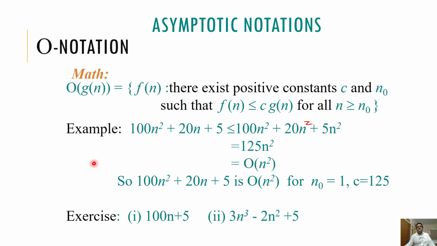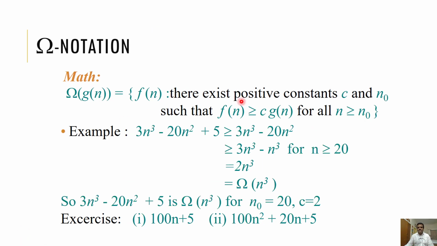Usually we go for big O because big O is the upper bound. Like if I say my time complexity is less than n square, my code will take less than 100 seconds. And if we say my code is taking greater than 50 seconds, that is a lower bound. So, for time complexity we usually go for big O, but big omega sometimes helps us know how much minimum time we can achieve.